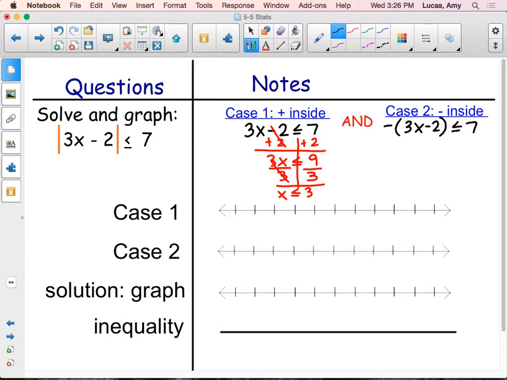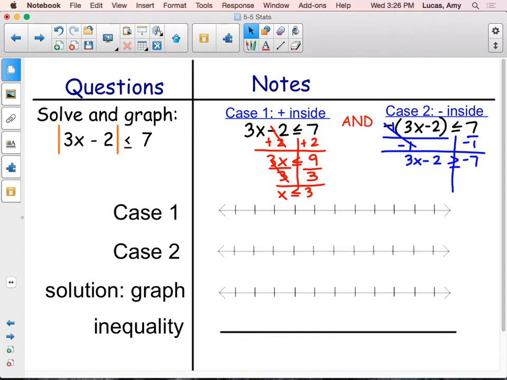On my second one, I am going to go with the shortcut. I'm going to divide the negative 1 on both sides to get rid of it. So 3x minus 2 is now greater than or equal to negative 7. So remember, 2 changes. I'm going to highlight that one again just to make sure that you understand this original and this new one, case 1 and case 2.